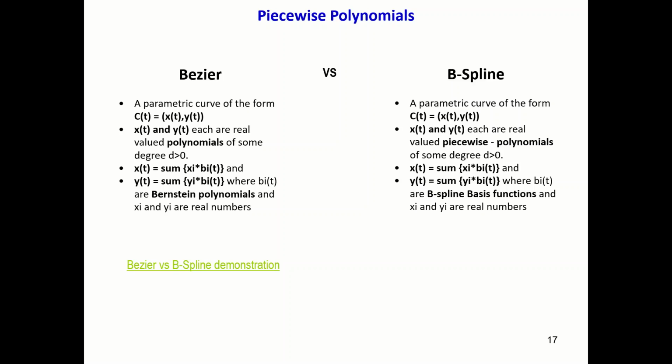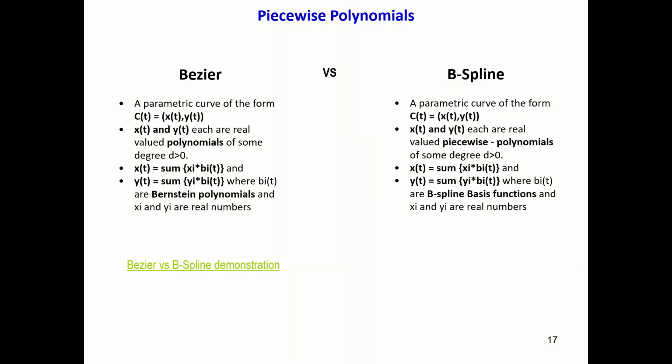Let us go and talk about the B-spline curves now. Same as the Bezier curve, a B-spline curve is a parametric curve of the form C(t) equals (x(t), y(t)), but here x(t) and y(t) are real valued piecewise polynomials of some degree d greater than 0.